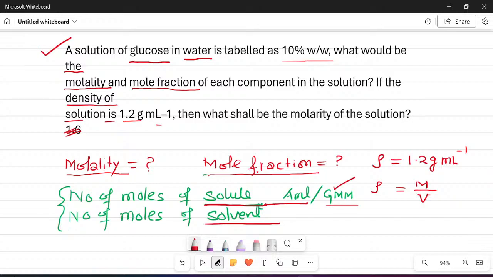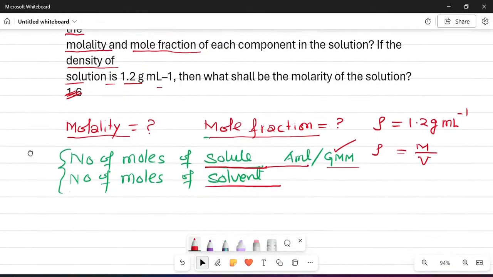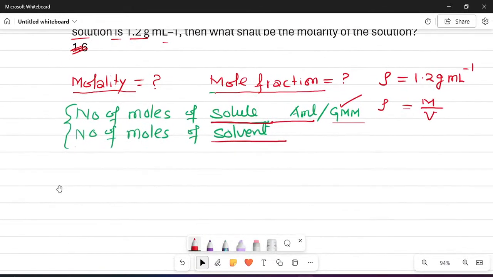And what is the amount? Amount is present in this statement, that your solution is 10% mass by mass. So what is the meaning of this?